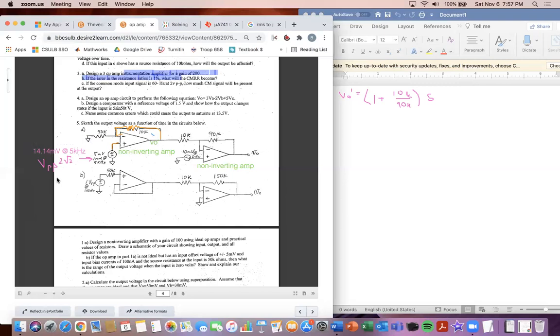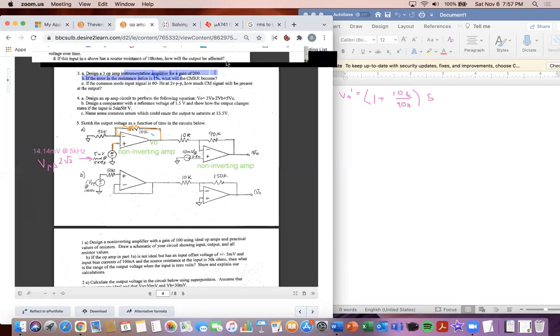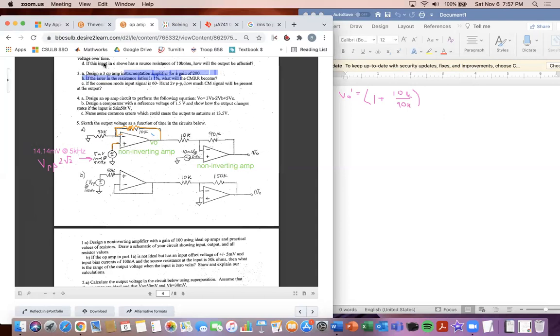Now that I know that's the peak to peak, what I need to do is plug that into the equation I was originally drafting. And so the voltage input here is 14.14 millivolts peak to peak.